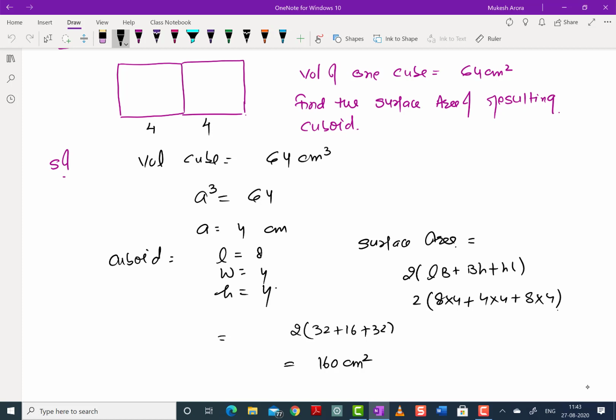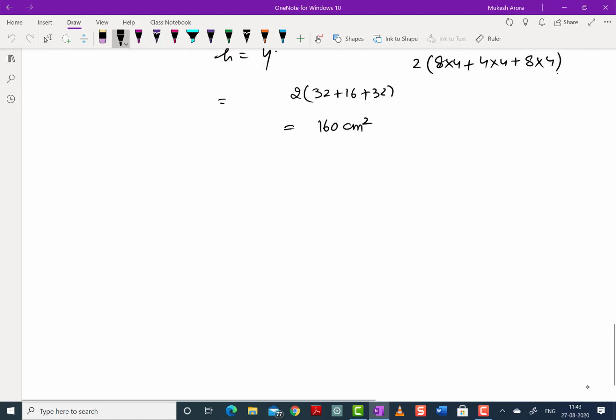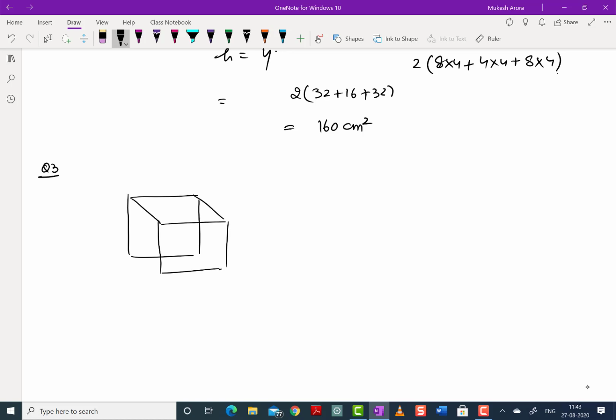Question number 3 is a decorative block shown in a figure. A hemisphere is placed on that.